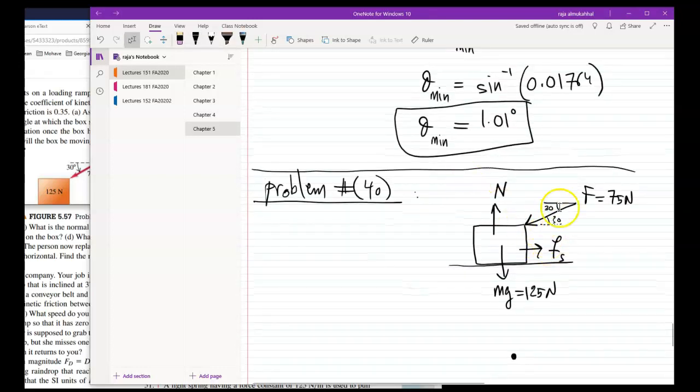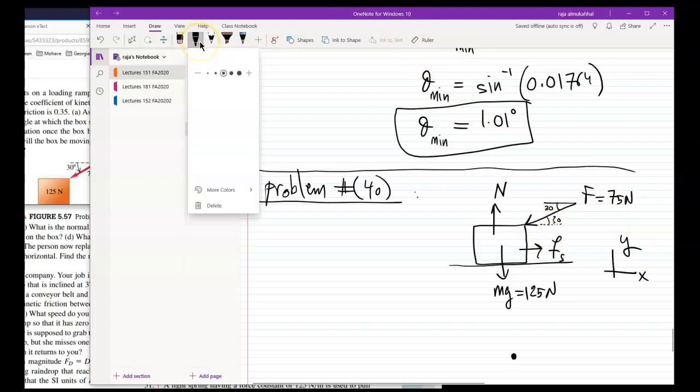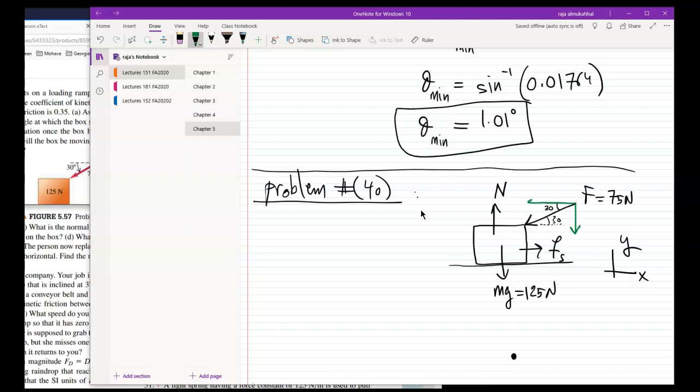I want to resolve this force into components, because the friction is along the x, and the weight and the normal along the y, everything no problem, but except this force is kind of crooked, so I want to resolve it. Again, let me change the color. Green. So there we go. It's going to be one force this way and one force this way.